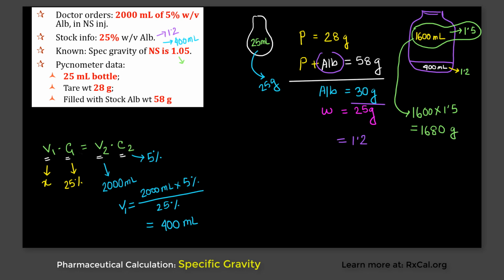And this one, the lower part, will be 400 ml times the specific gravity of 1.2 equals 480. That is why the total weight of this entire content is going to be this one.